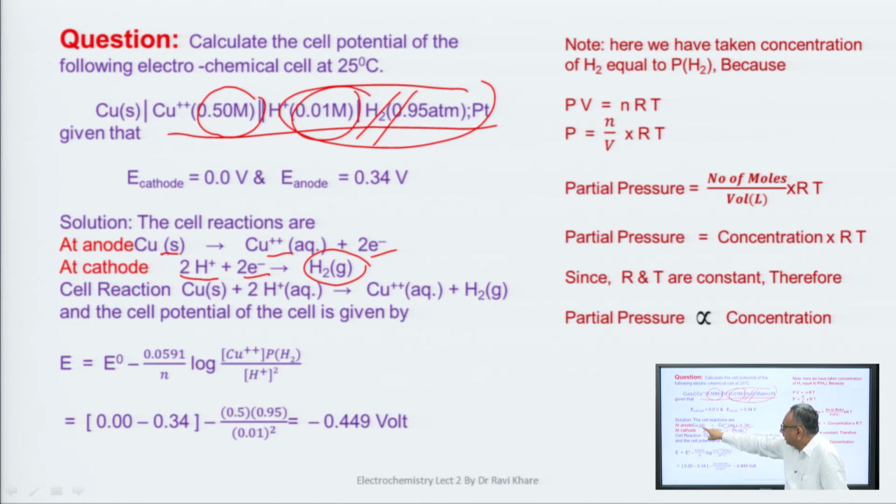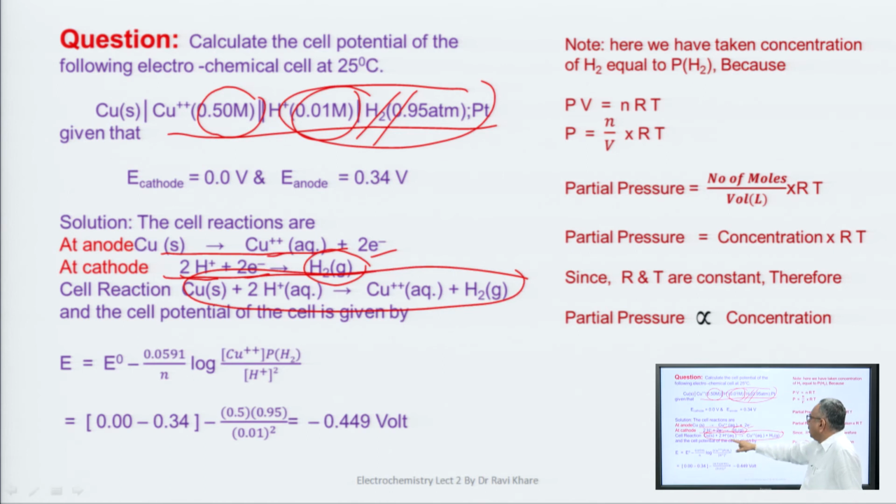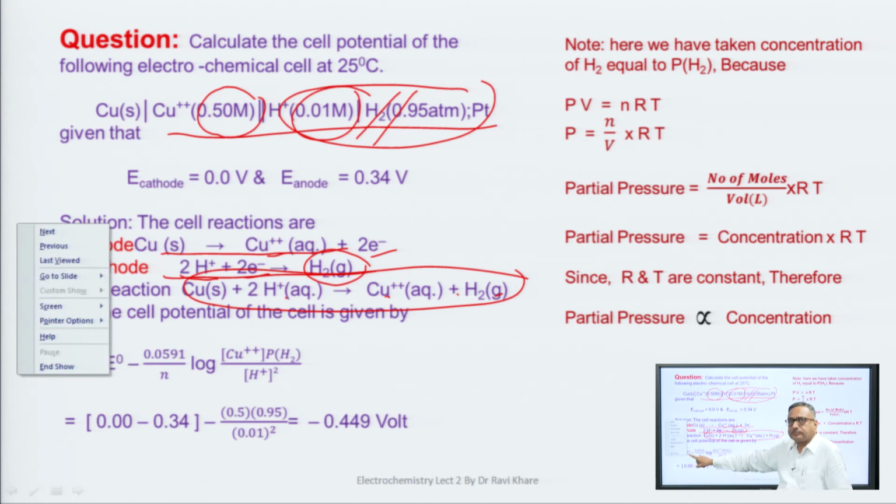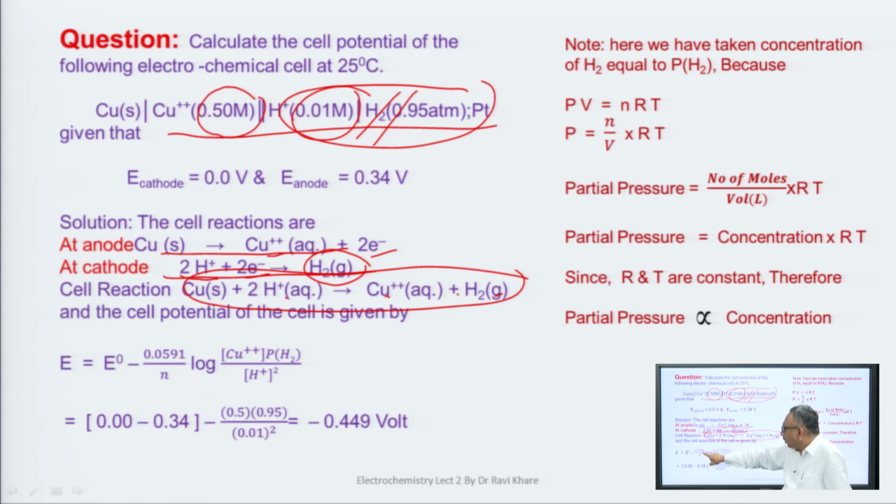At anode, this reaction is taking place. At cathode, this reaction is taking place. Overall cell reaction is this: Cu plus 2 H+ gives Cu++ plus H2 gas. The cell potential of the cell is given by E equals E0 minus 0.591 upon n log of this.